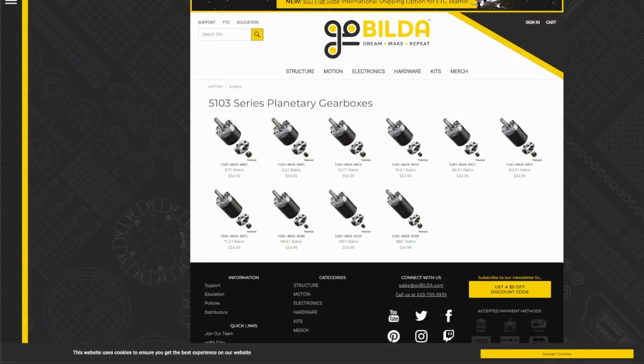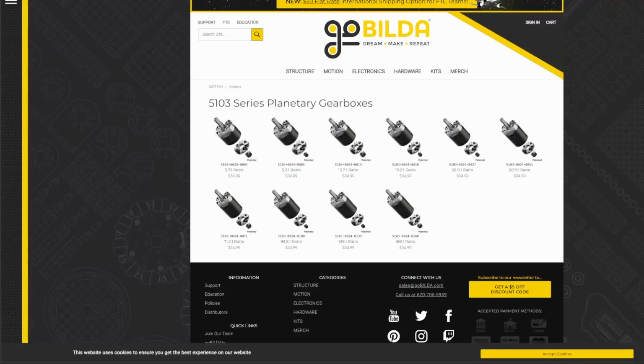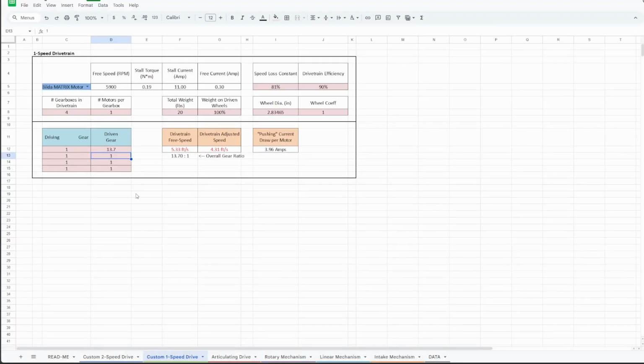If I wanted to go even further, we could try that 13.7 to 1, and we'll see what that works out to be. We can see that our pushing current jumped up a bit, but our speed also increased. So 13.7 is a good gearbox that we could use. But what about 3.7 to 1? How would that look?